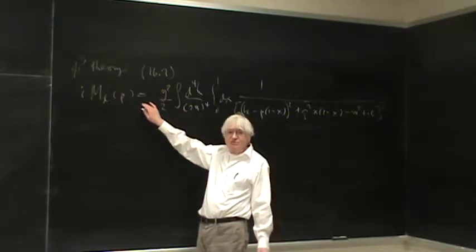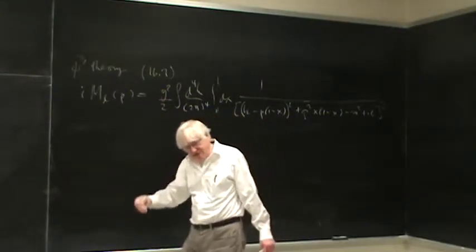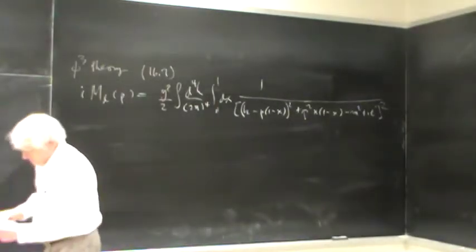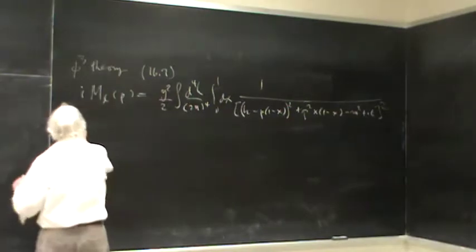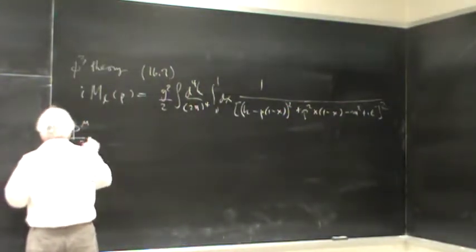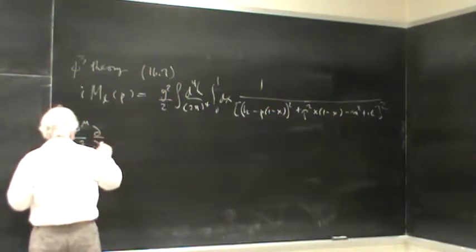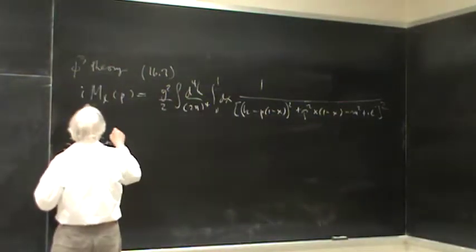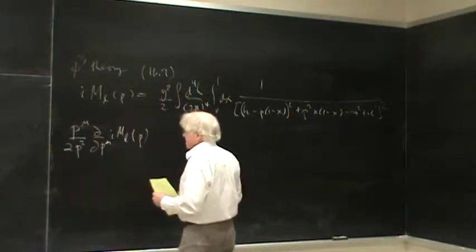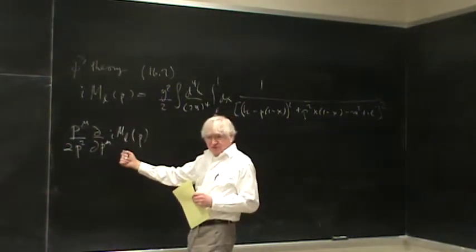Instead, compute the derivative of this with respect to p squared. And the derivative with respect to p squared is p mu over 2p squared d by dp mu of I one-loop of p. So, in other words, compute this.